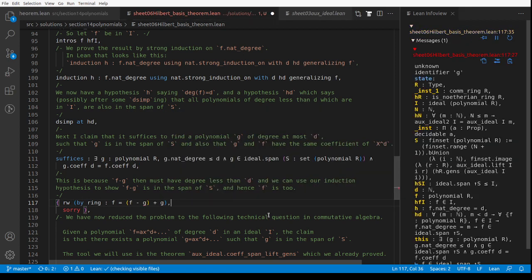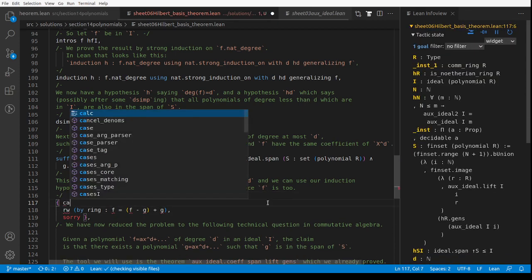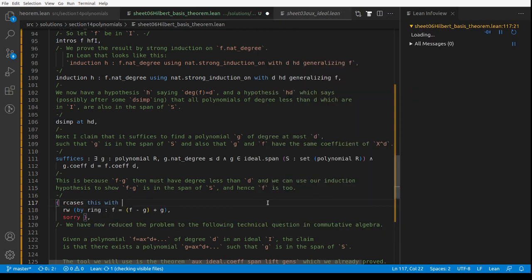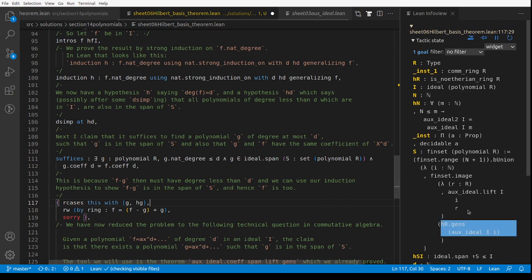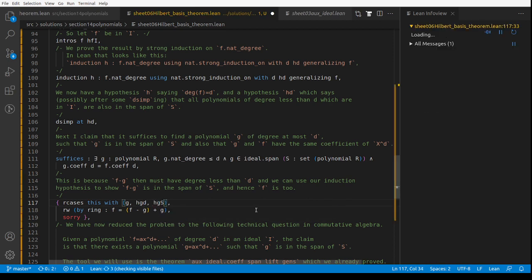That's a shame. I need to get g, so cases on this. So our cases on this with g, hg. And hg is probably lots of things. Yeah, hg says hg degree, hg is in the span of S, and something else that I've forgotten.